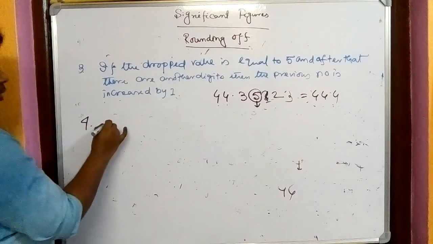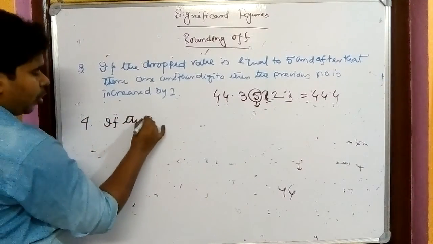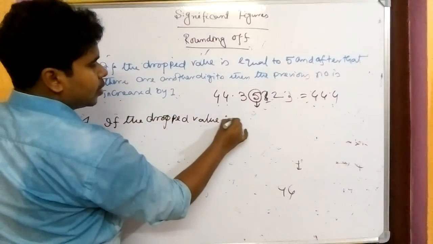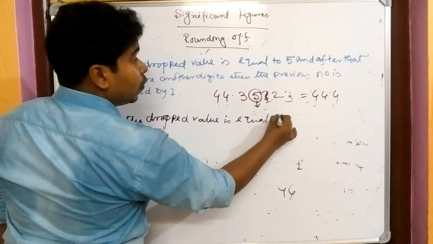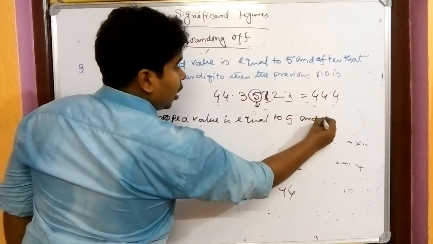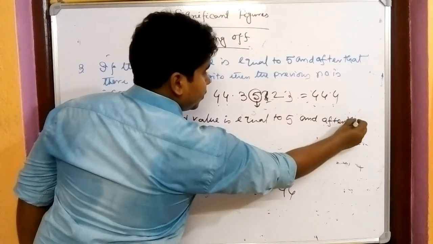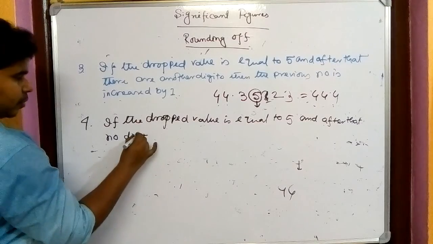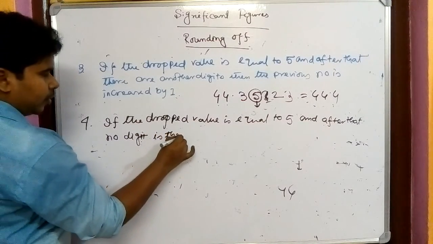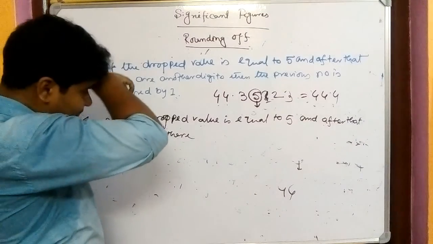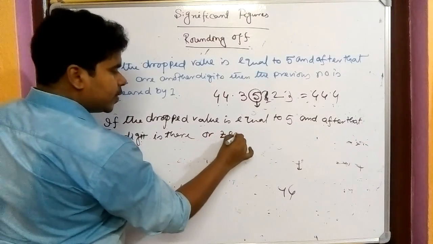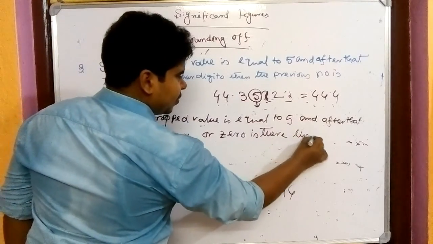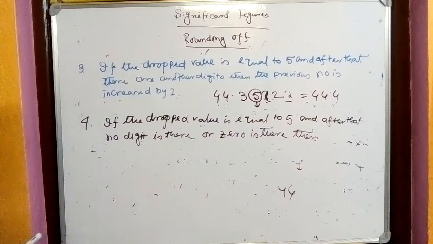Number 4, if the dropped value is equal to 5 and after that no digit is there or 0 is there, then there is a condition.